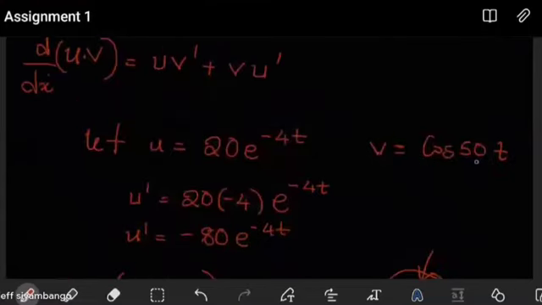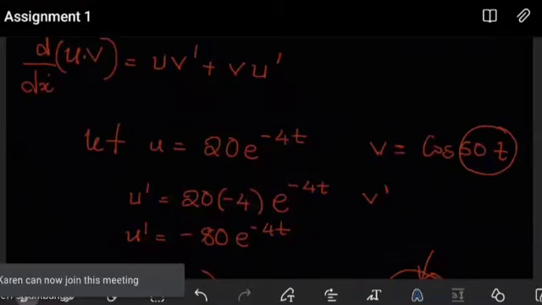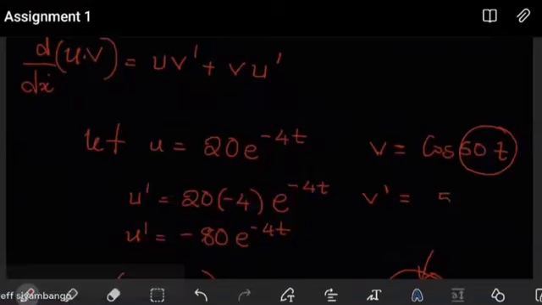So let's use it now to differentiate V. To differentiate this, meaning I'm getting V prime, first differentiate the argument of the cos. So the argument is 50t. The derivative of 50t is going to be 50. So I have 50 here.